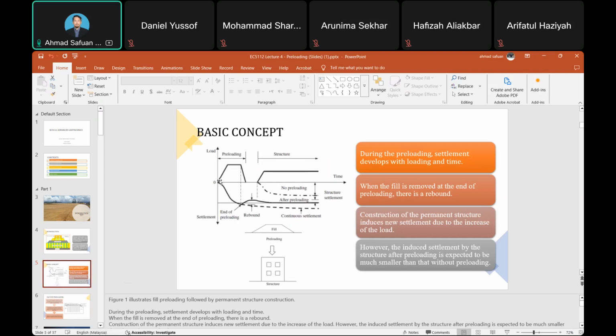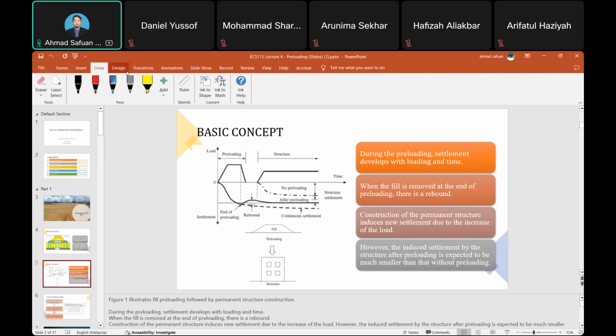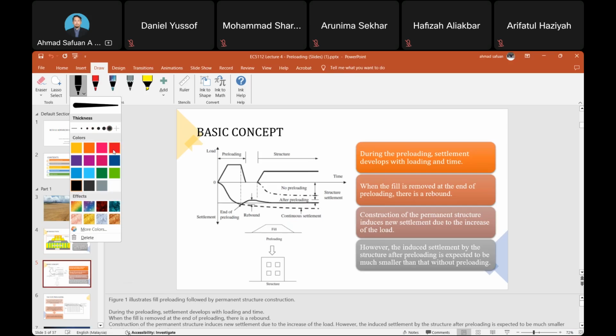Let's look at this in sequence. So this is the load, and this is the settlement.